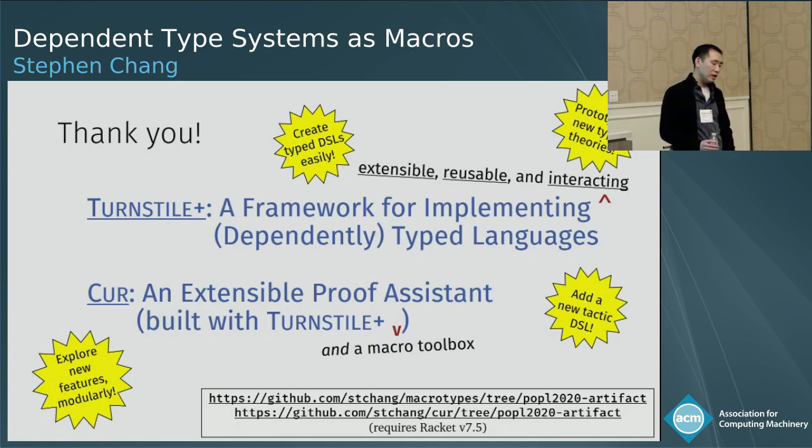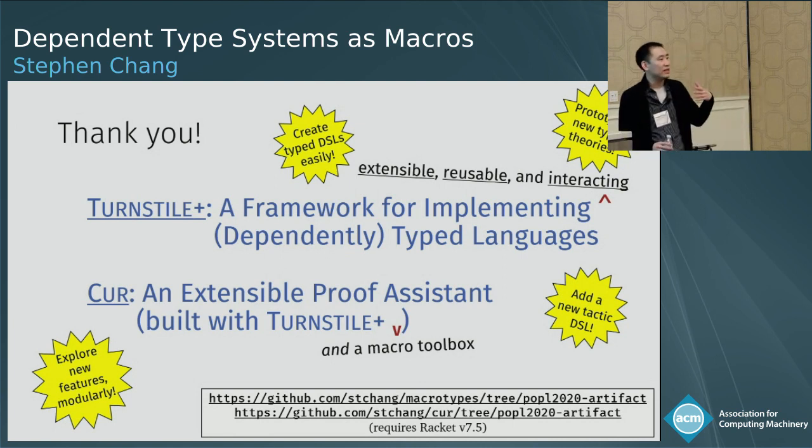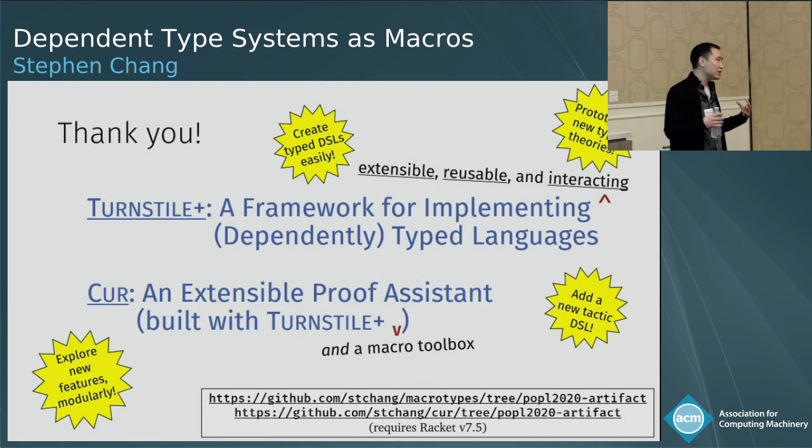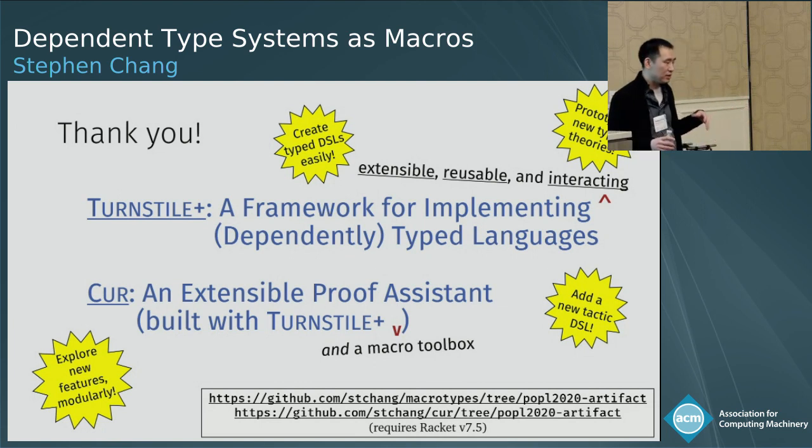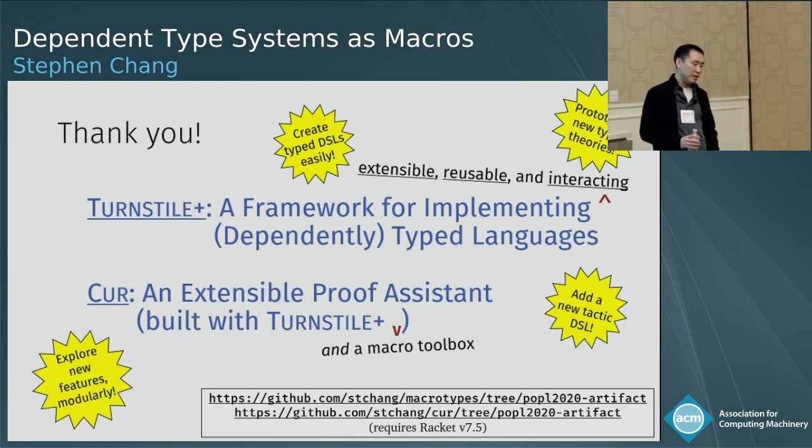The support from Turnstile Plus abstractions for that is a little more experimental because checking the universes has to be a little bit lazier than the normalization algorithm that we currently have. Yeah, we can definitely handle that. That's a real question. Yes.